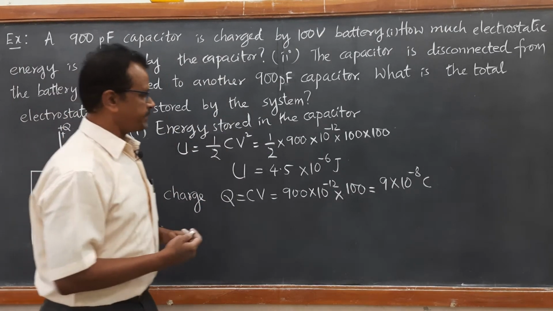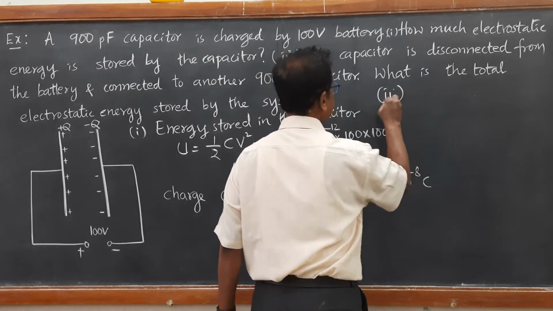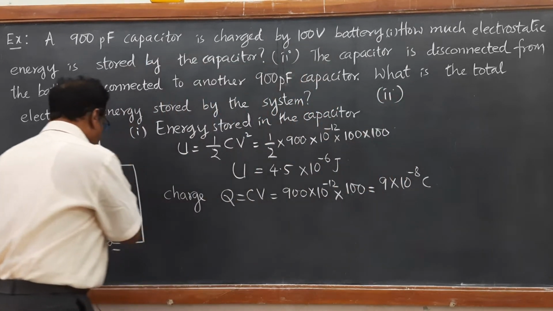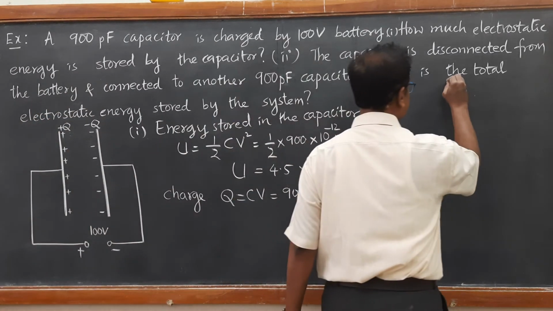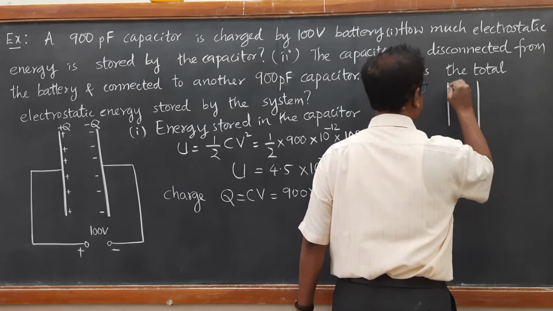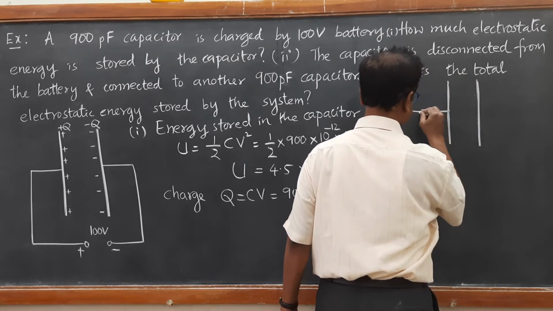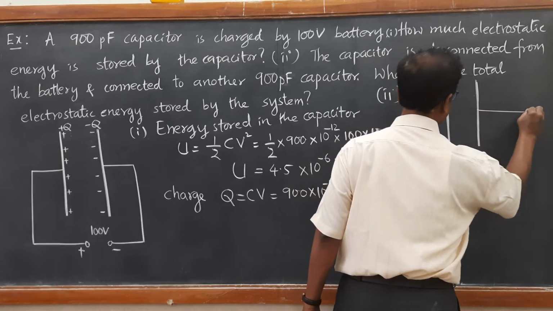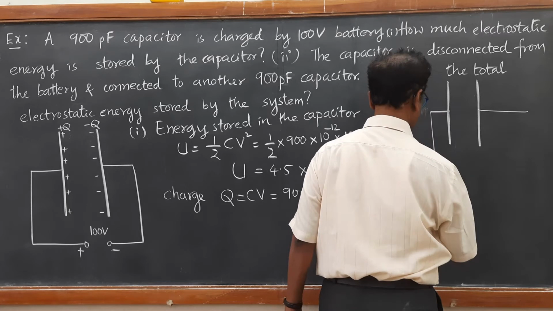Now you see the second part. The second part is interesting. The same charged capacitor is now disconnected from the battery and is connected to another empty capacitor of the same capacitance.